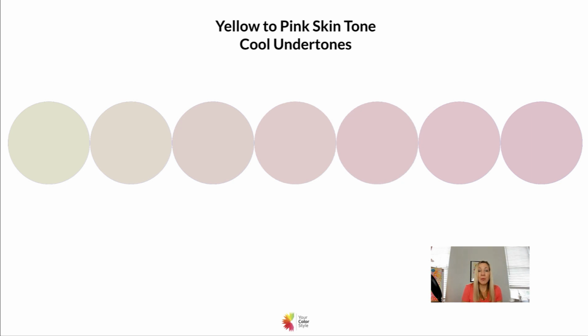That's what someone with cool undertones might have. And so these blue base pinks here, all the way to what might be considered a neutral beige, all the way to this pale olive green, are all created from cool undertones.